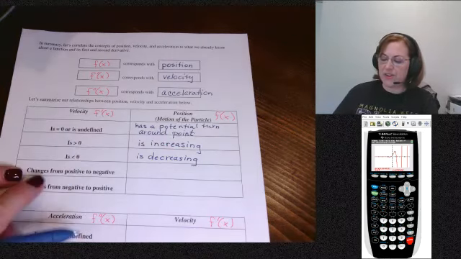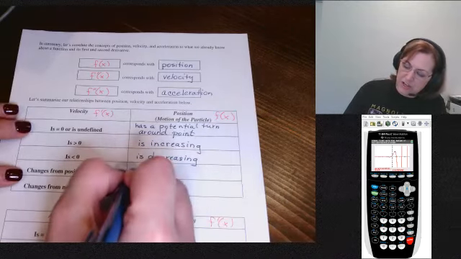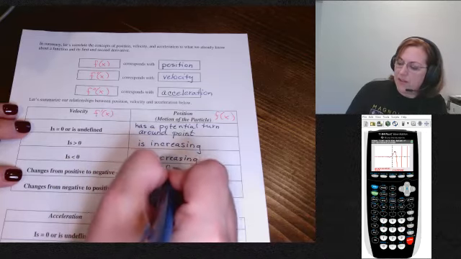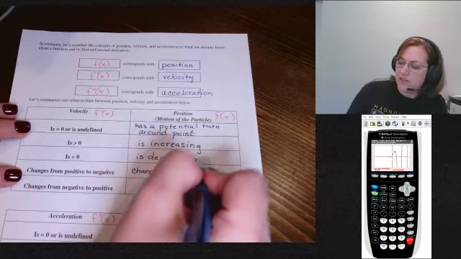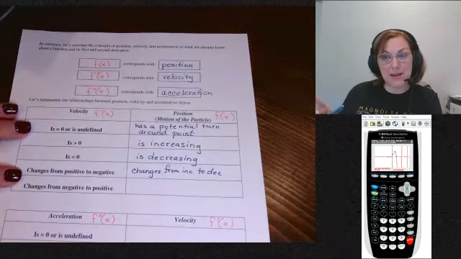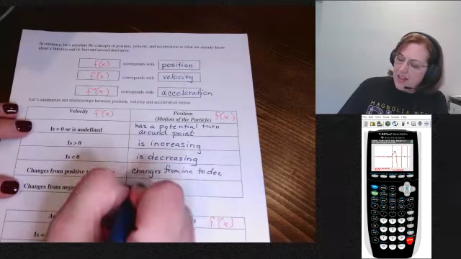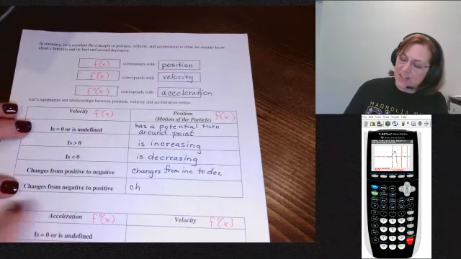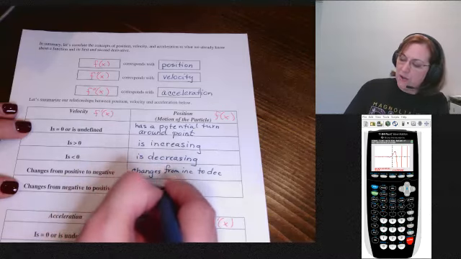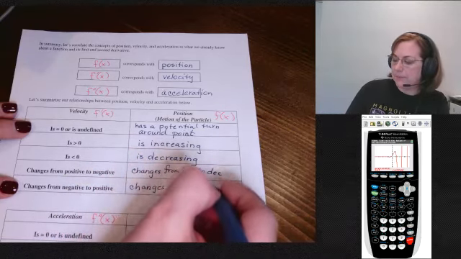If the derivative changes from a positive to a negative, the function changes from increasing to decreasing. Before, we would have said there was a maximum there, right? It's a little different when your object's moving in a line. And if the derivative changes from a negative to a positive, the function changes from decreasing to increasing.